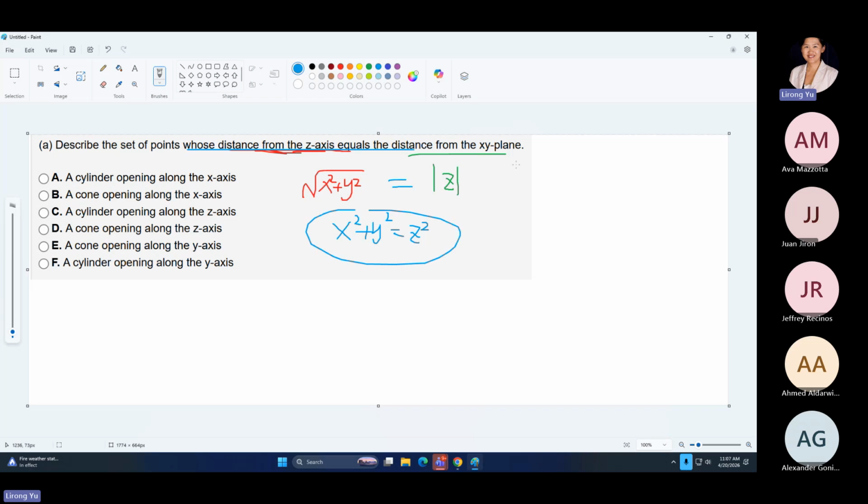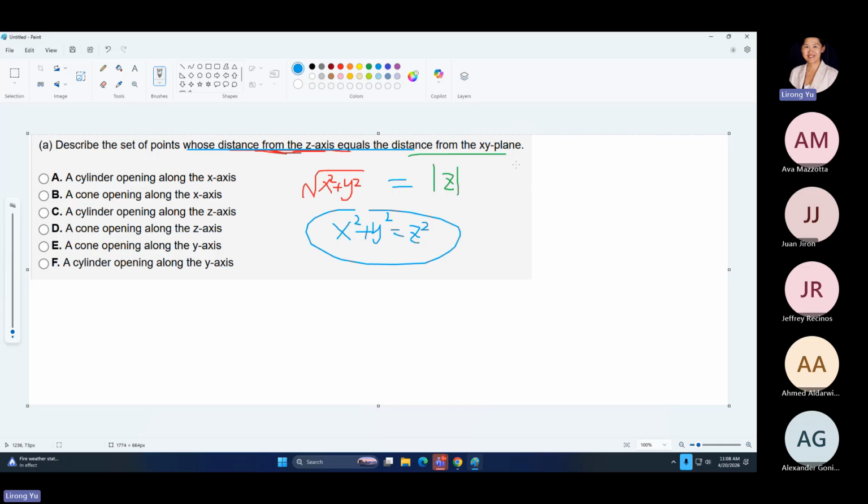What it is really, you have a circular relation between x and y, and I think it is a cone.